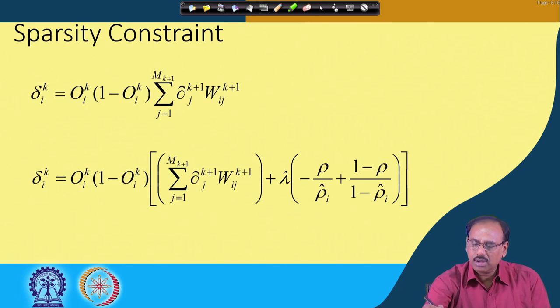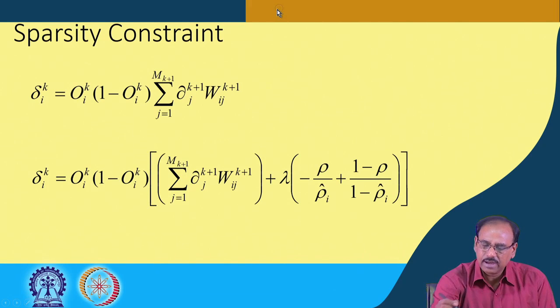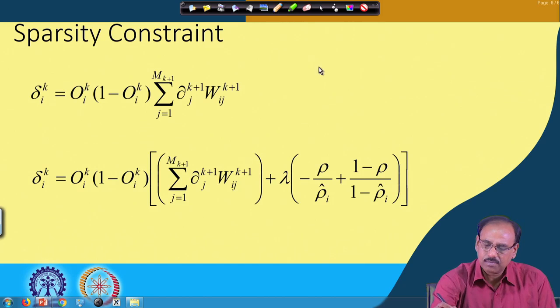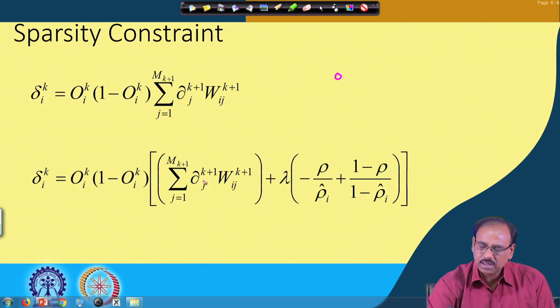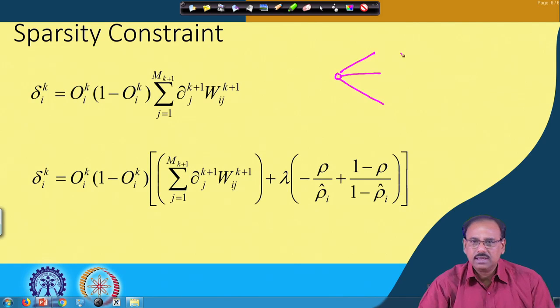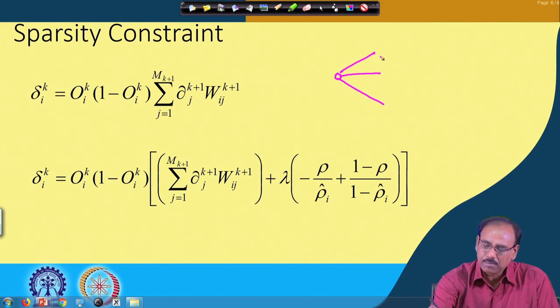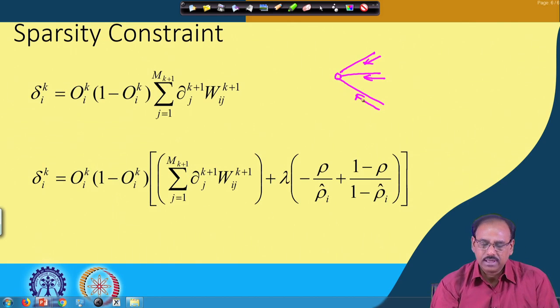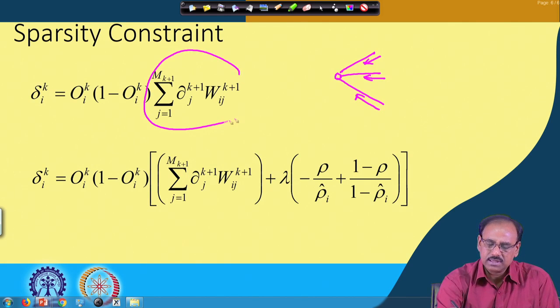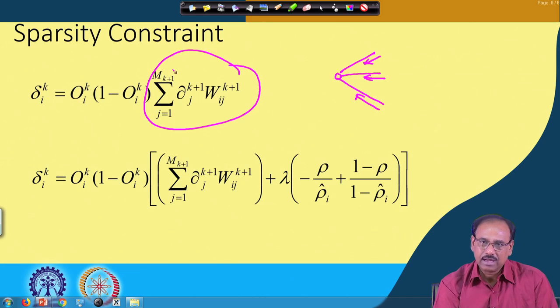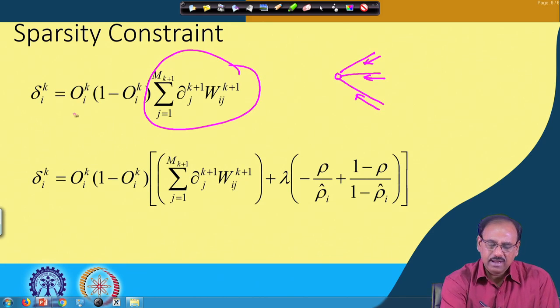The errors back propagated from all these paths are accumulated together. That is what is given by this summation operation.